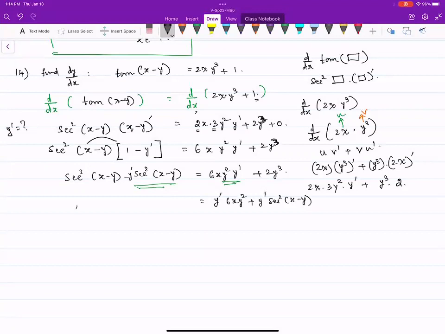What am I left with on the left-hand side? The secant squared of (x minus y). Then the 2y cubed goes to the other side, becoming minus 2y cubed.